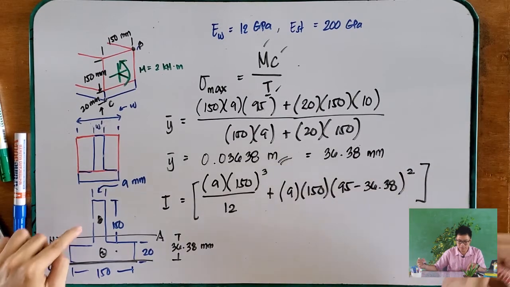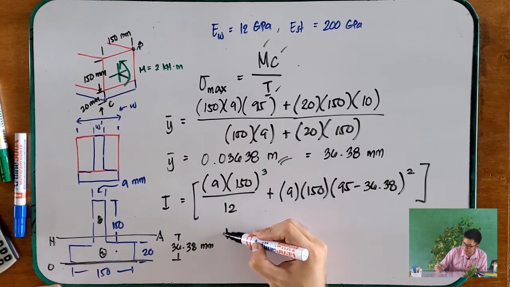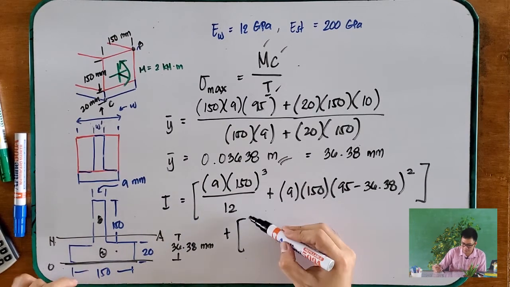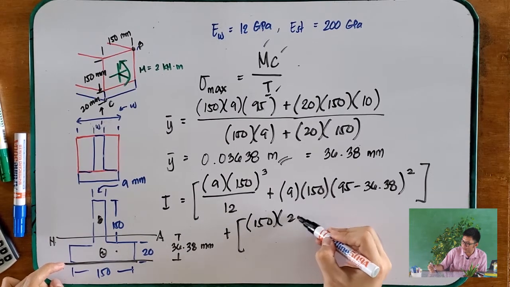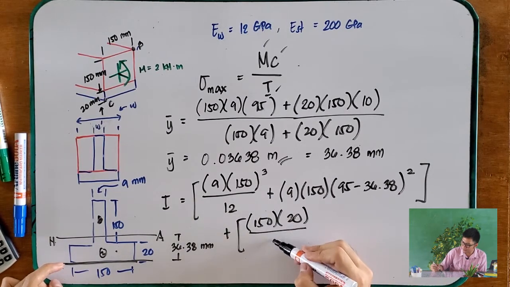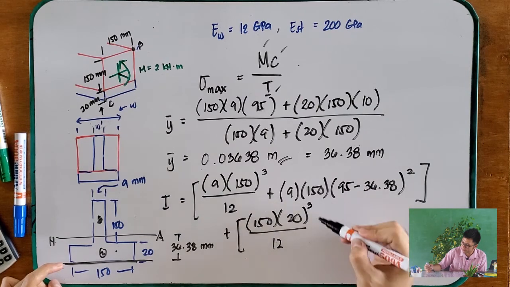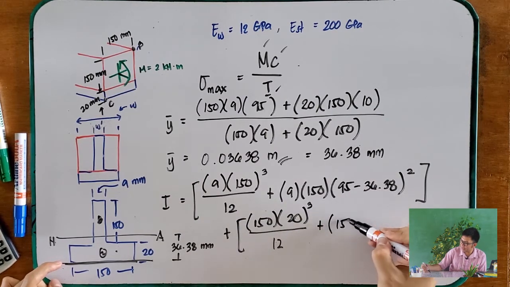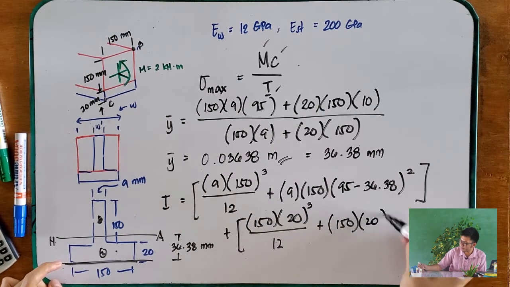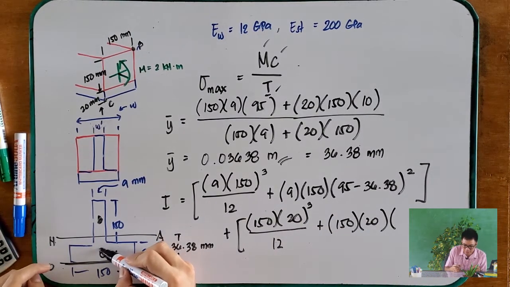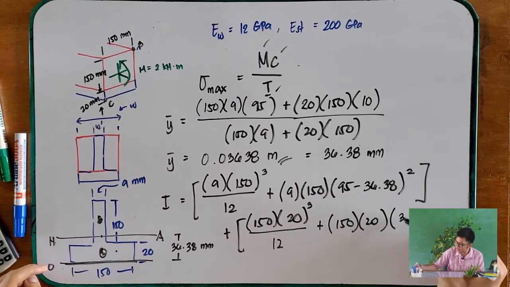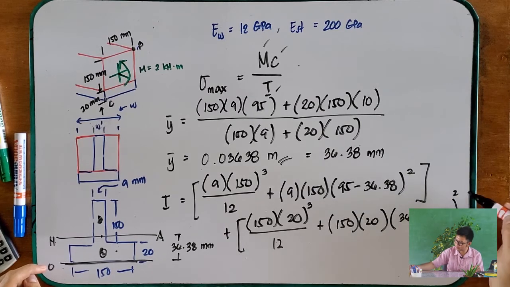So, mao na itong 1, plus kaduhan na pod base ani which is 150 times height of 20 cubed divided by 12, plus 150 times 20 times distance na pod sa centroid diri padong diri, 36.38 minus 10, squared.